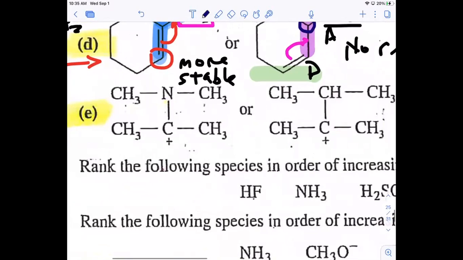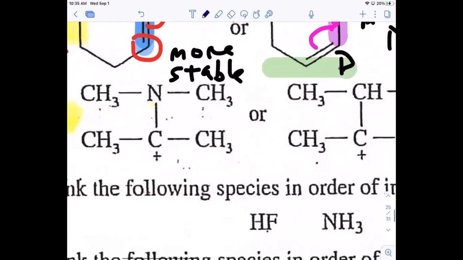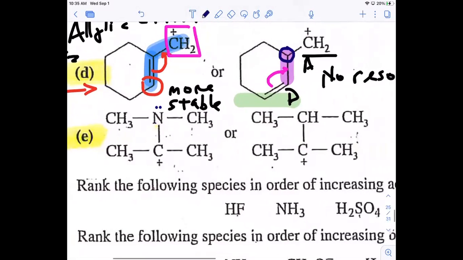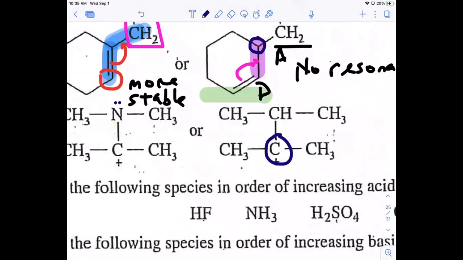All right, let's look at E. And to do E, I'm going to put a lone pair on nitrogen because it's there. What do you think for E? Which one can do resonance? The first one. The second one has an acceptor, but no donor.